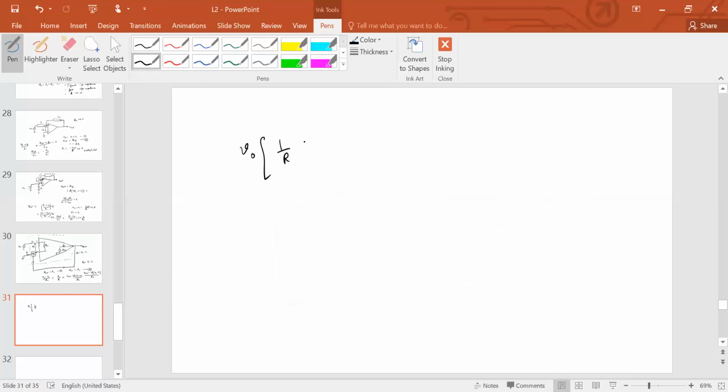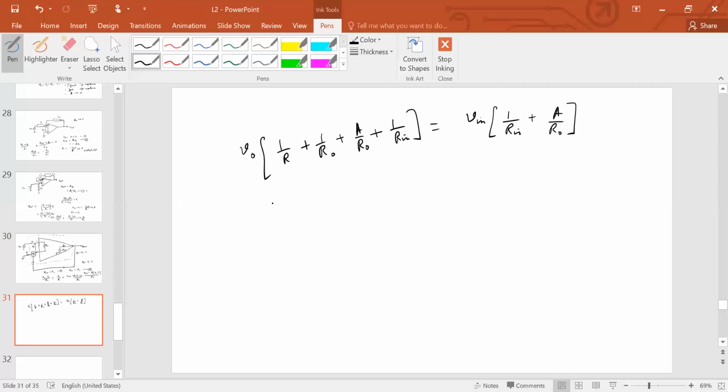1 by R plus 1 by R naught plus A by R naught plus 1 by R in, multiplied by V out, is equal to V in times (1 by R in plus A by R naught).